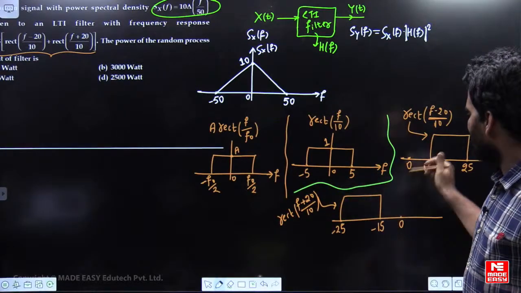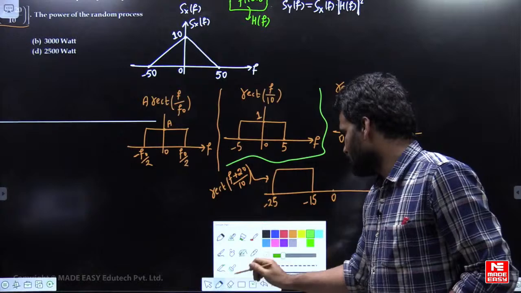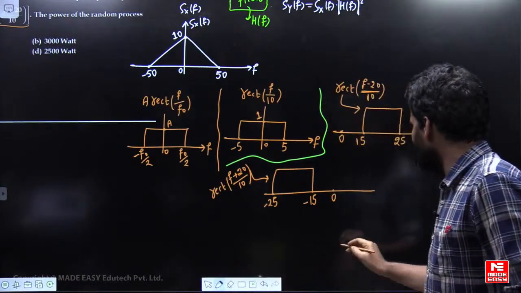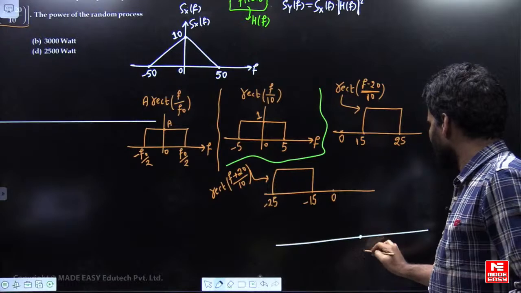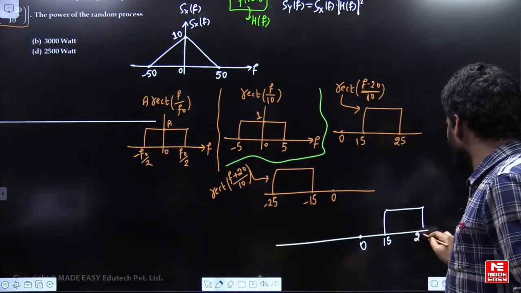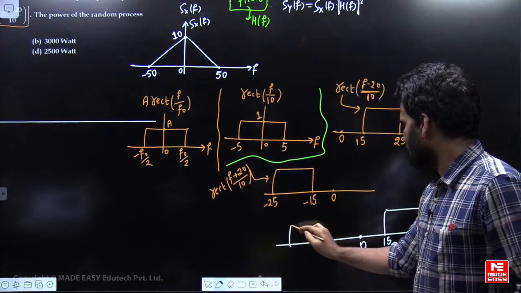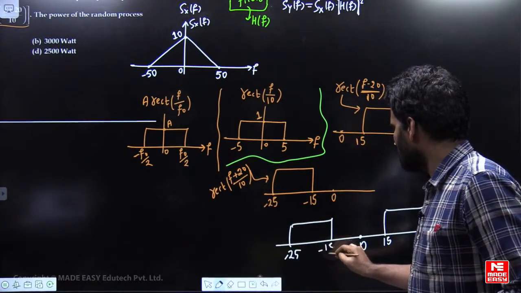Then you need to add these two. If you add these two, it just looks like a band pass filter, as you can expect. So it will be 15 to 25, and this is minus 25 to minus 15.